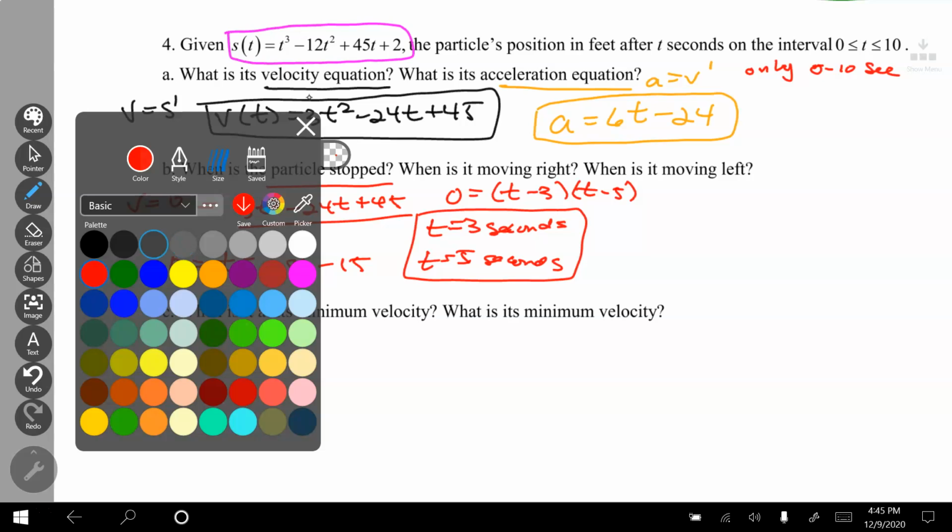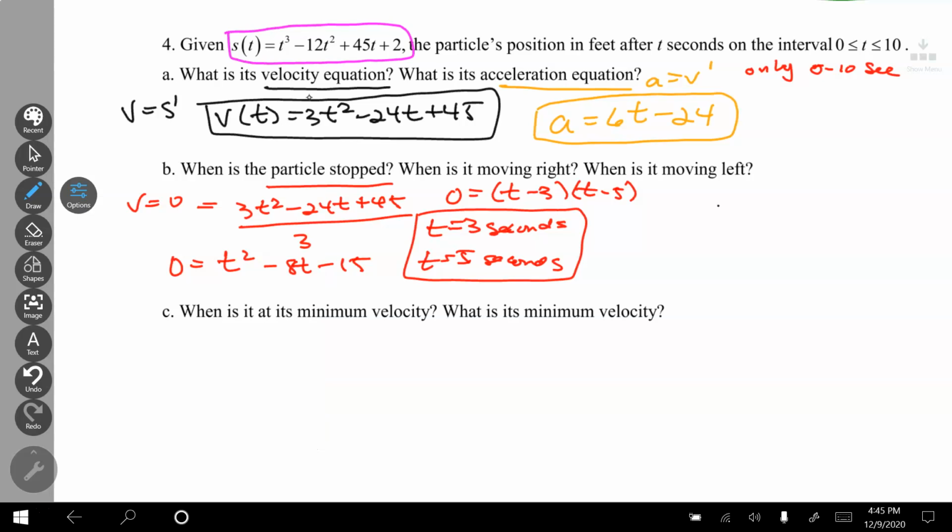I'm going to make a number line again. So here's my number line. Nope, that's not right. I can't go on forever. I have 0 and I have 10. Those are the beginning and end based on what I said before, 0 to 10 seconds. I have a 3 on here. I have a 5 on here, and this is when things are 0.